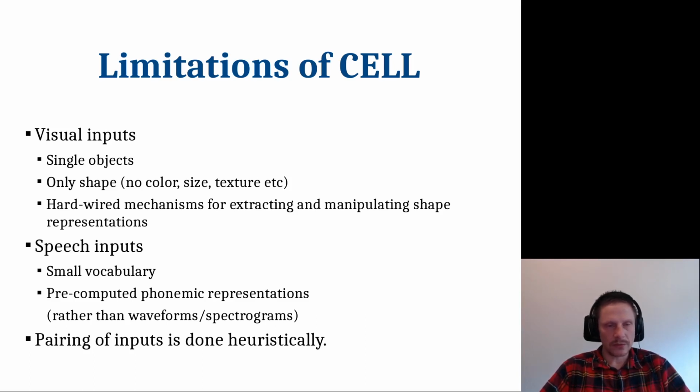And regarding the speech inputs, as we saw, the vocabulary is very small, and the phonemic representations are pre-computed using a pre-trained network rather than starting from a waveform or a spectrogram, as ideally we perhaps would like. And also the data itself is not completely natural. The two modalities are collected separately and then are paired heuristically.